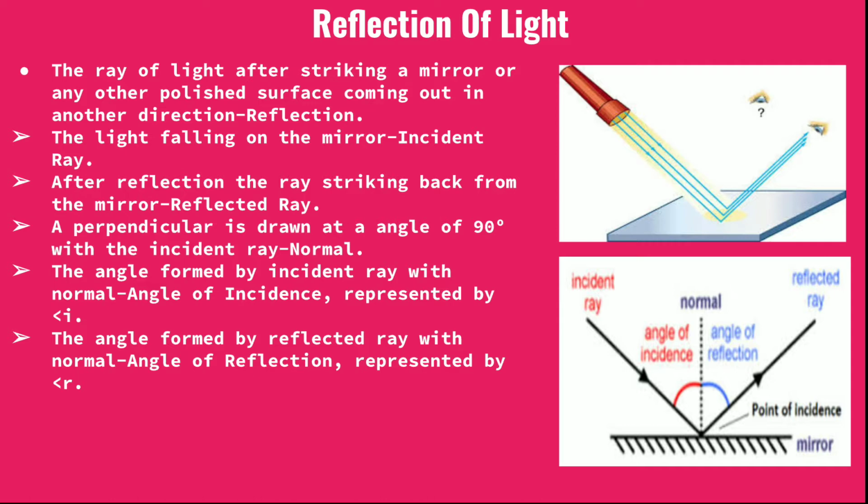The incident ray is the light ray which is falling on the mirror. After reflection, the ray is striking back from the mirror. That is the reflected ray. The perpendicular, which is drawn at a right angle of 90 degrees to the mirror at the point of incidence, is the normal. From the picture you can see the incident ray which is striking the mirror.